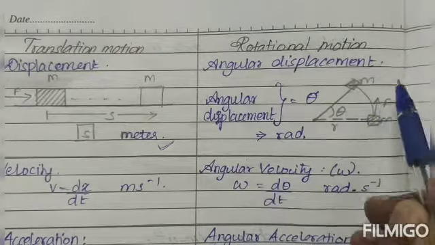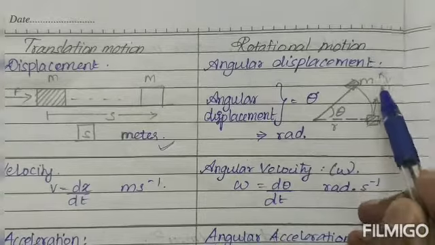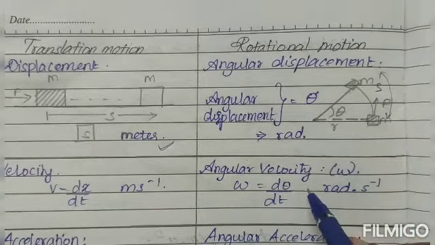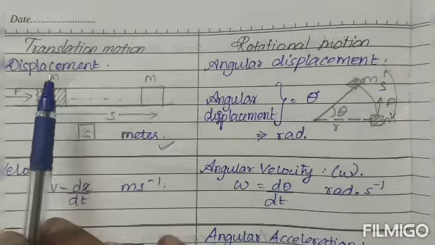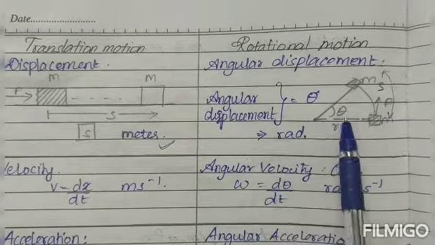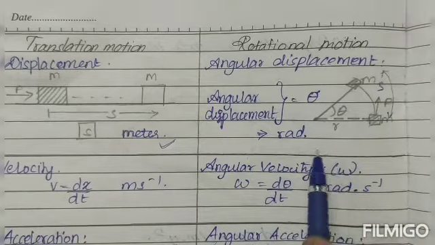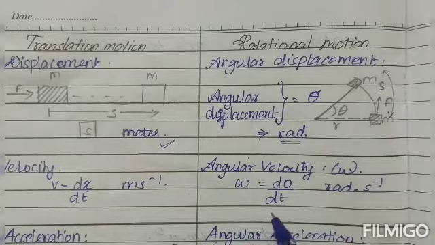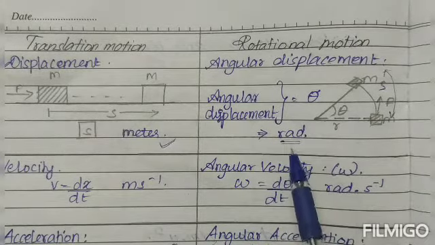This arc makes angle theta, so theta angle is displaced. Normally displacement means S, but angular displacement I can mention by theta. The angular displacement unit is radian. Displacement unit is meter, but angular displacement is radian.